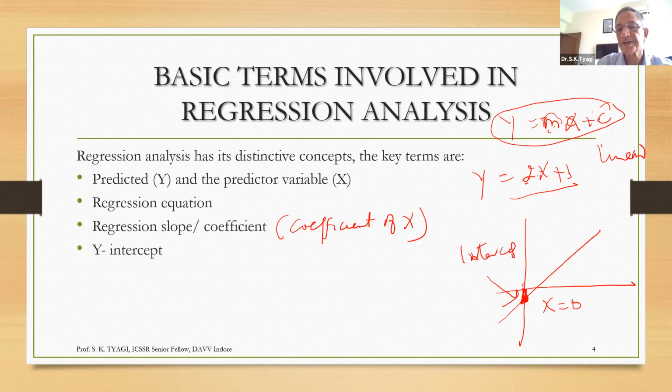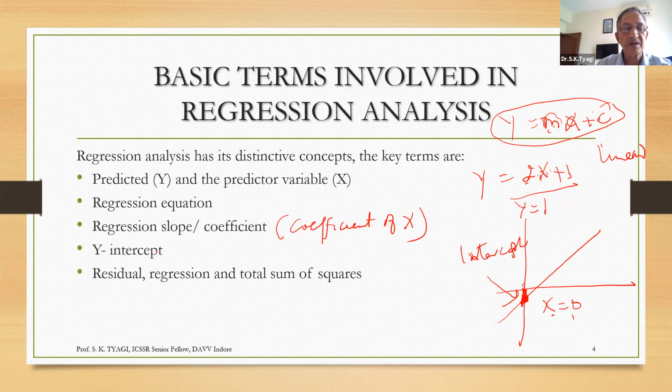Intercept is the value of y when the value of x is 0. For example, put x equal to 0 here. X is 0, y is equal to 1. So the intercept is 1. Y-intercept is 1. In the regression equation, you just substitute 0 for x, and whatever value comes is the y-intercept.